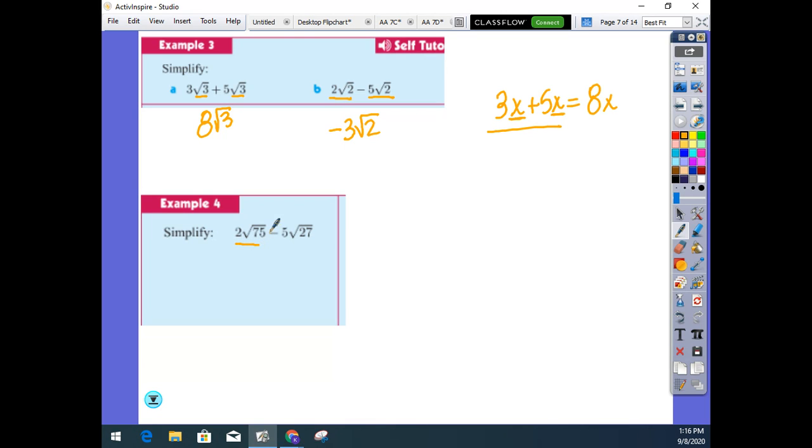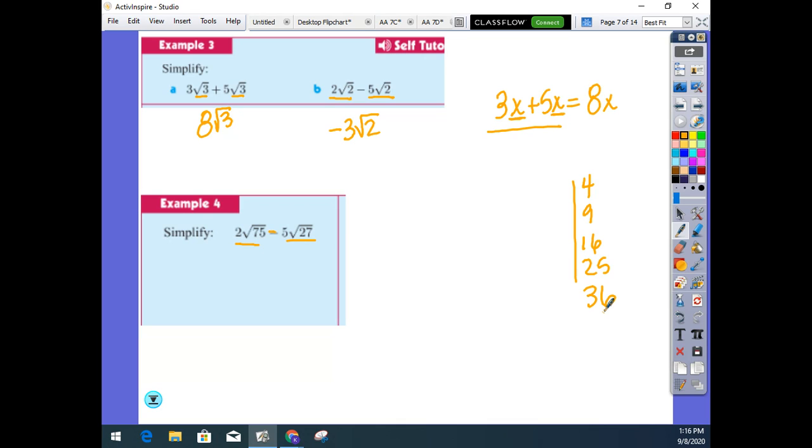So here I'm subtracting and I do not have like terms, but I can break them down. So let's think of the perfect squares again. So 75. I'm just going to write the squares. 4, 3 squared, 4 squared, 5 squared, 6 squared.